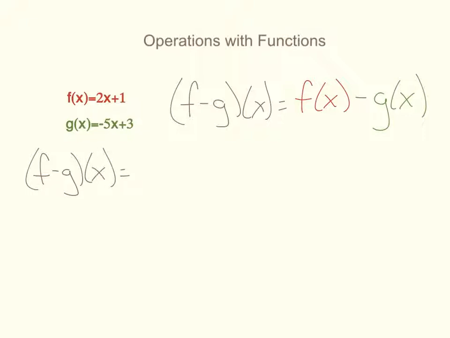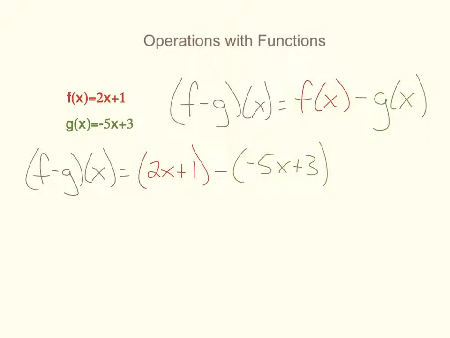And so our f function is 2x plus 1. We're going to subtract the g function. Basically it's the same as the addition of functions, except this negative is going to affect everything that comes after it, because we're talking about a whole quantity, the whole g function.